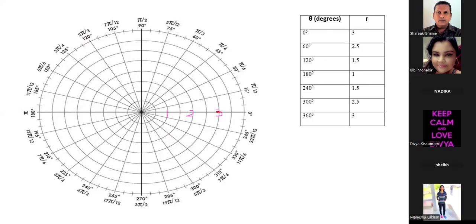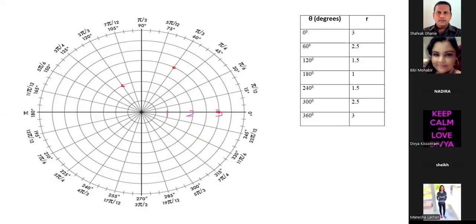For 60 degrees, we'll have 2.5, which is here. For 120 degrees, we'll have 1.5, which will be here.